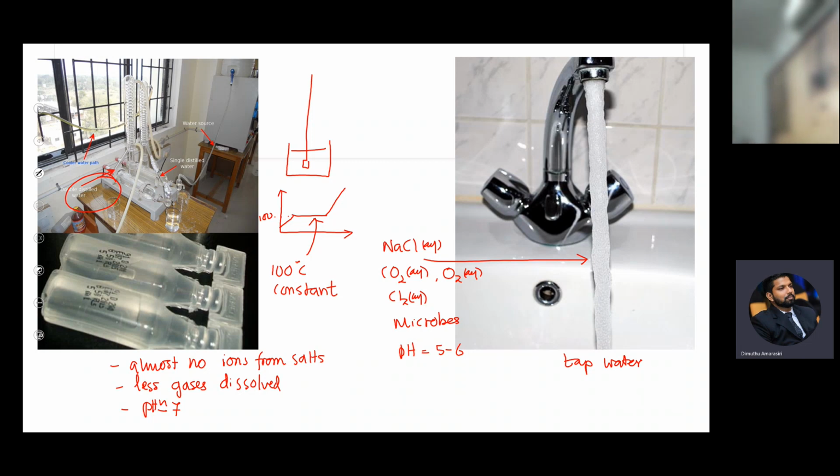So you write: determine the boiling point of water. It should be 100 degrees Celsius constant temperature. Determine the melting temperature of the unknown liquid. It should be constant 0 degrees Celsius for water.